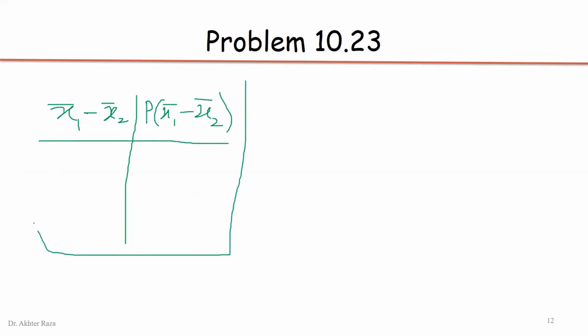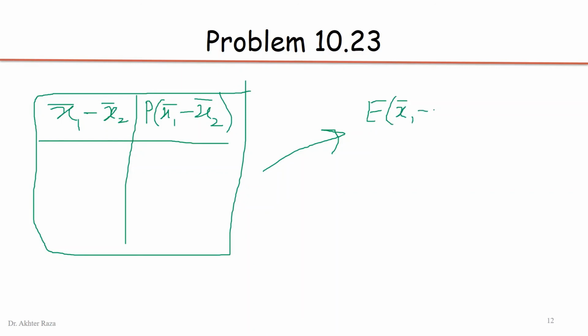This is the sampling distribution of the difference of two means. This distribution has a mean E of x bar 1 minus x bar 2, which is equal to mu1 minus mu2.